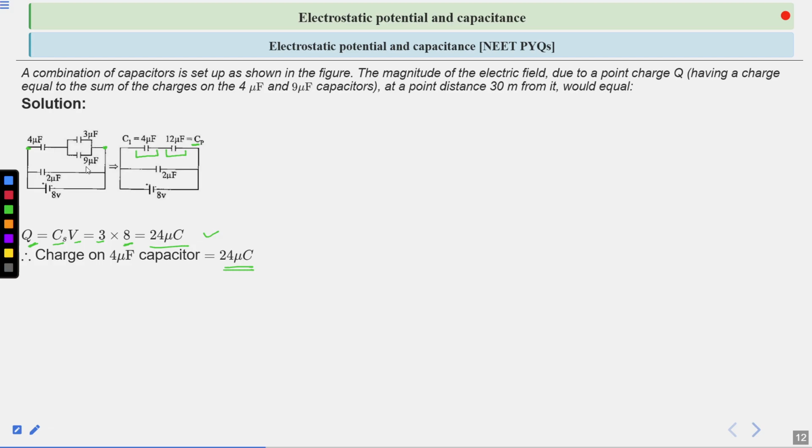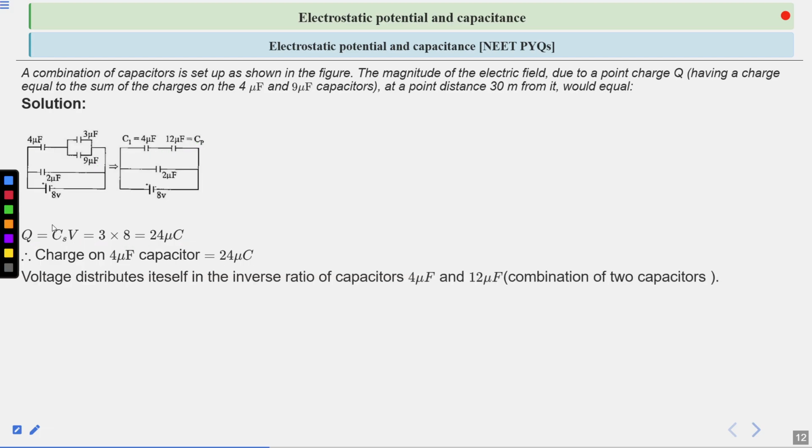But we have to find the charge on this 9 microfarad capacitor. So what we can do is this: voltage distributes itself in the inverse ratio of the capacitors, the 4 microfarad and the 12 microfarad combination. Since they are in series, the potential of 8 volt across this branch will be distributed in the inverse ratio of capacitors. Inverse ratio means the capacitor having less capacitance will have more voltage across it, and the capacitor having more capacitance will have less voltage across it.